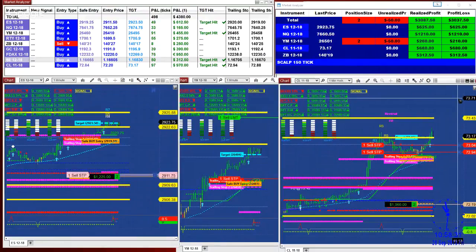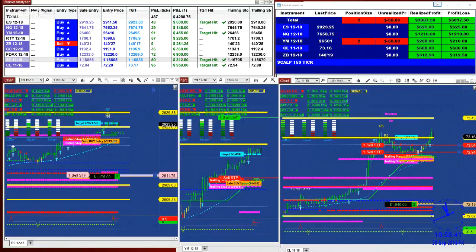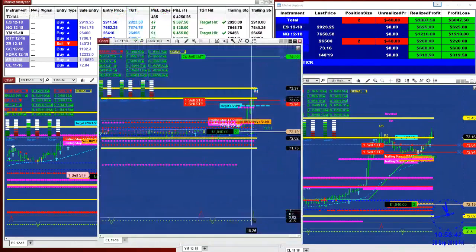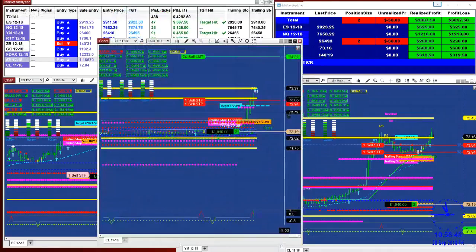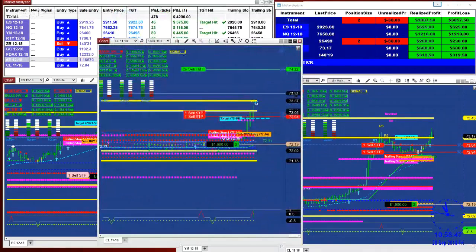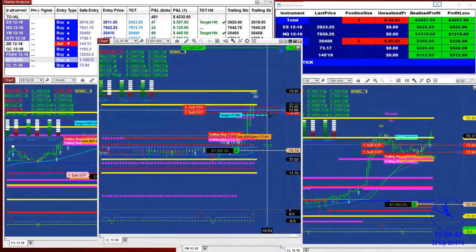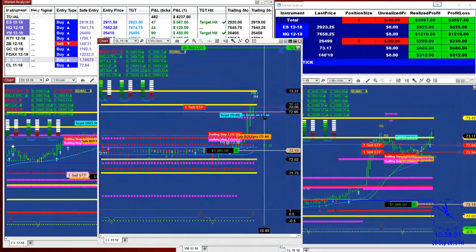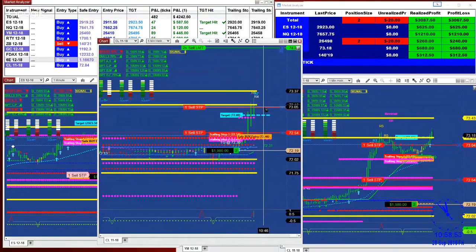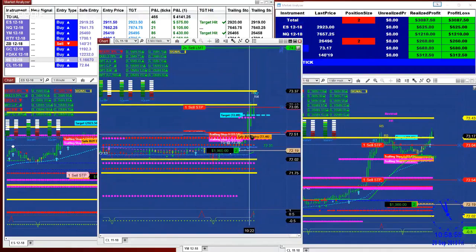What I see, if two people are using the software, what I see is different than what you see, or some other person with the same software. And that's why we come on YouTube to explain what I'm looking at, how I'm looking at it, what I see on this market.